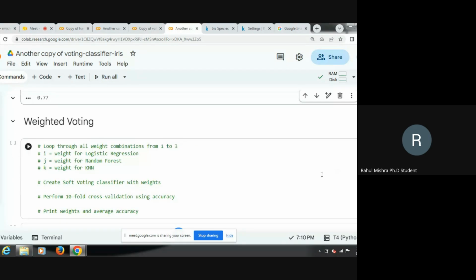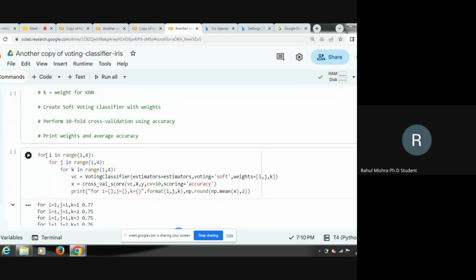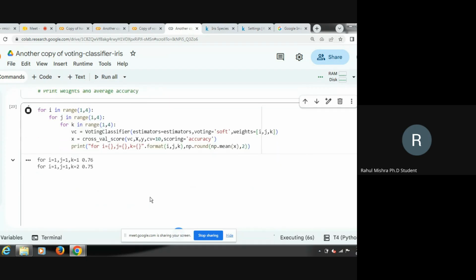Again, going through all the combinations, we will see what the best result could be using the weighted voting model. You can see that with model one weight one, model two weight one, model three weight one, we are getting 76 accuracy. And we already know that the highest accuracy is 81%. So let's see whether the weighted model can get the highest accuracy.